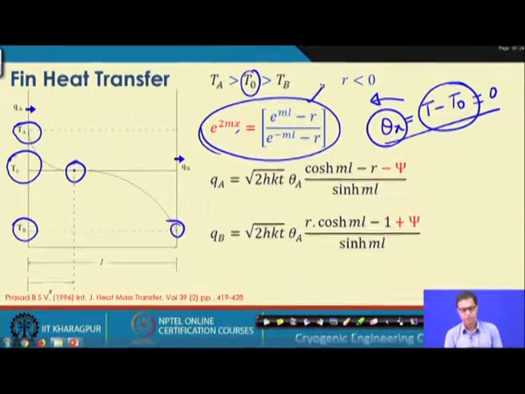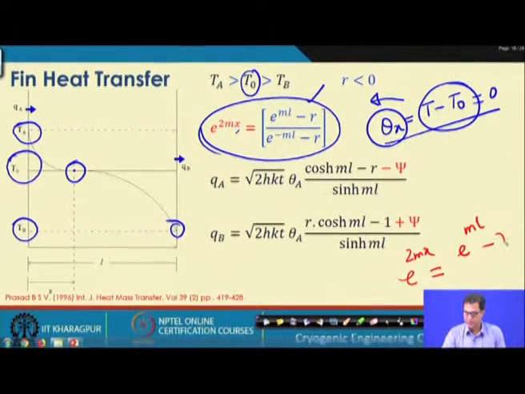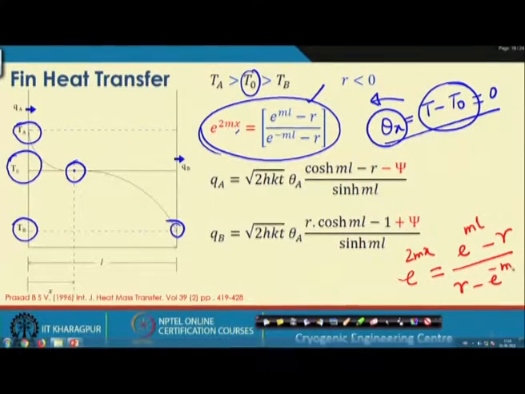So, if it is so, then you will find this is not exactly what we have obtained earlier. The earlier expression, if you remember, was something like this: e to the power 2 m x equals e to the power m l minus r divided by r minus e to the power minus m l.